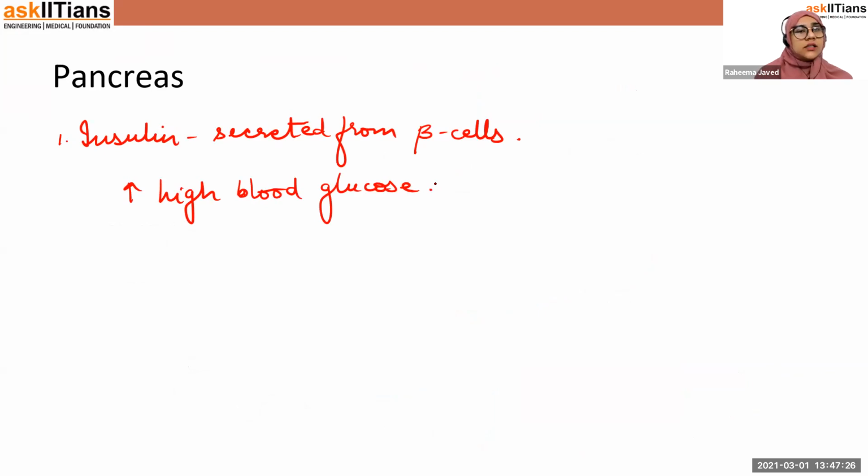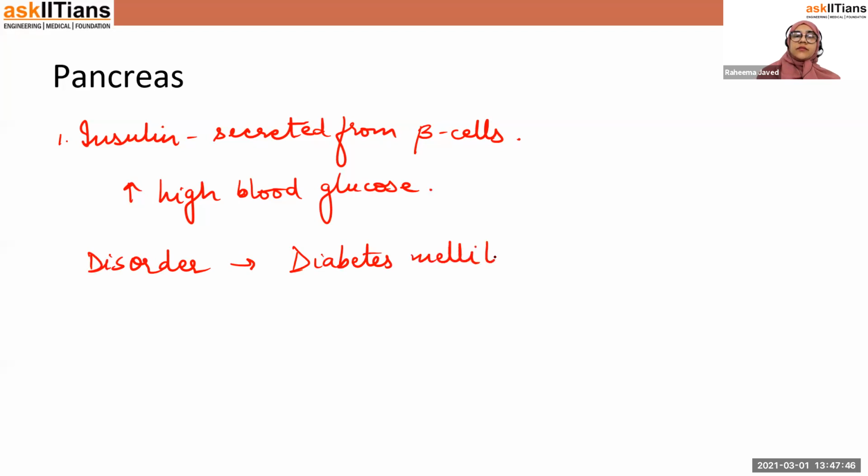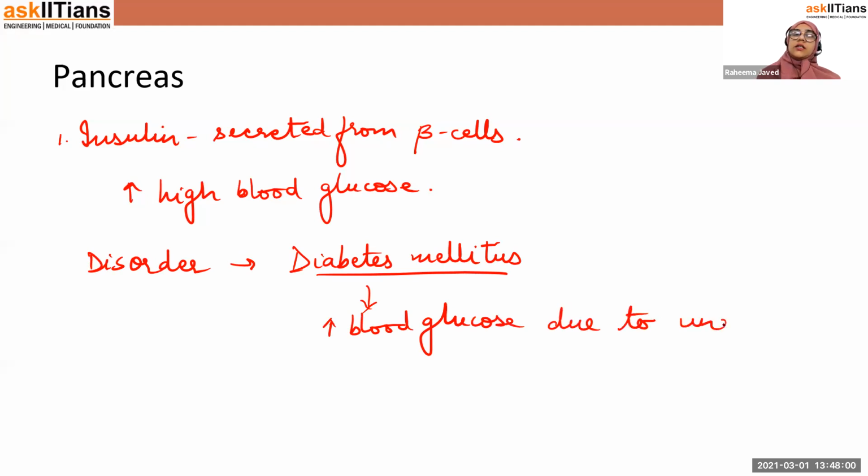Okay, then it causes the lowering of the blood glucose, and the disorder of the pancreas due to the low insulin secretion is diabetes mellitus. Okay, diabetes mellitus is characterized by high blood glucose due to under secretion of insulin.